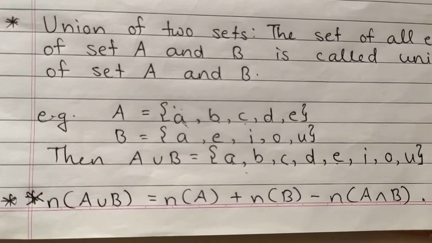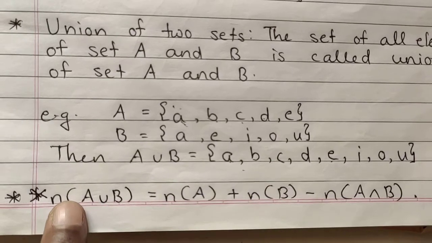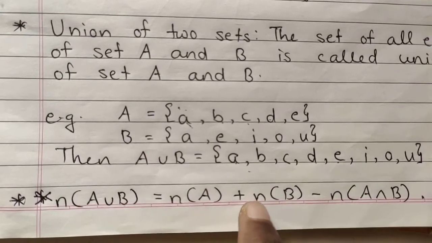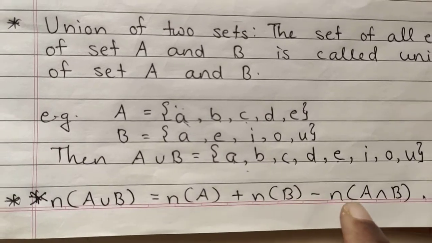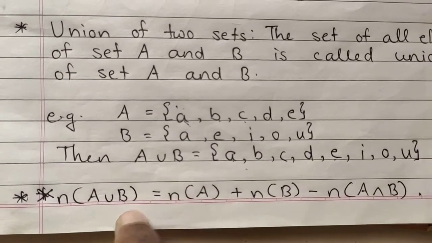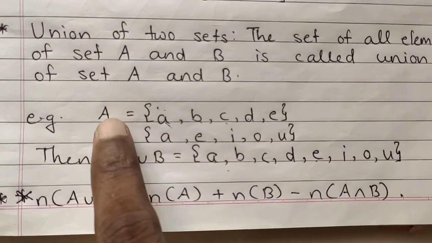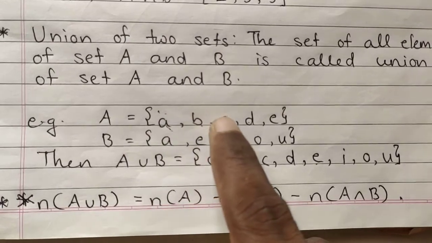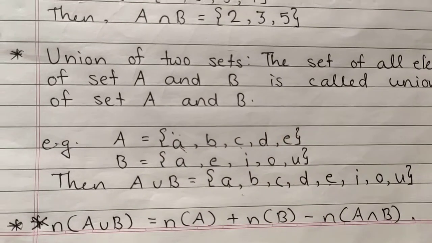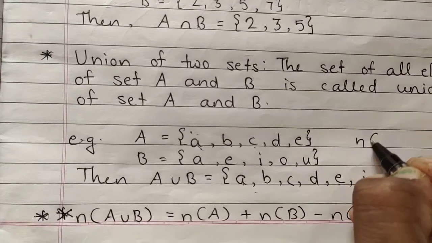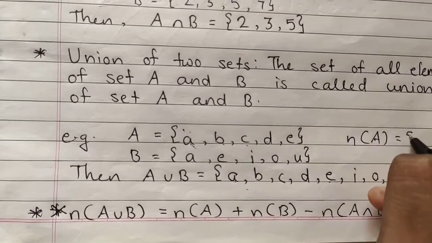See how to read it. Again I am repeating, number of A union B is equal to number of A plus number of B minus number of A intersection B. Now what is the meaning of number of? See, in this example, set A contains how many elements? 1, 2, 3, 4 and 5. So in this case, number of A is equal to 5.